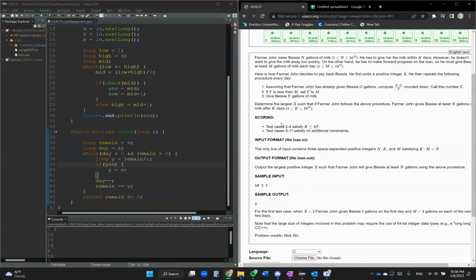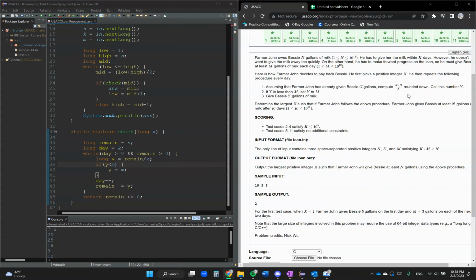And a formula we can use to do this, if you think about it, if we want to know how many days have the same value of y, when n minus g is divided by x, there's going to be a remainder, right?